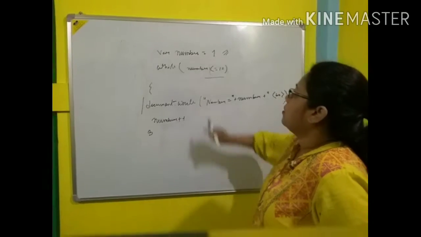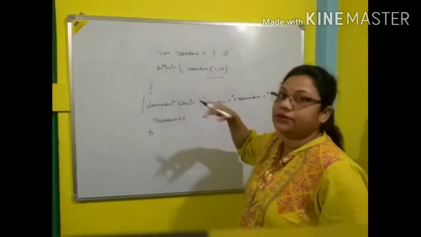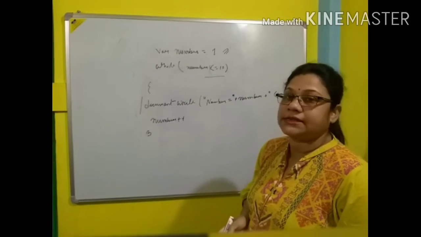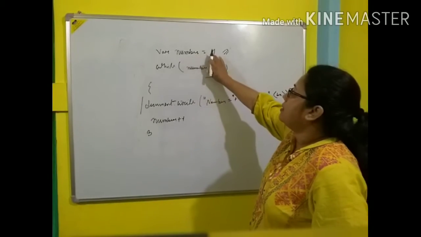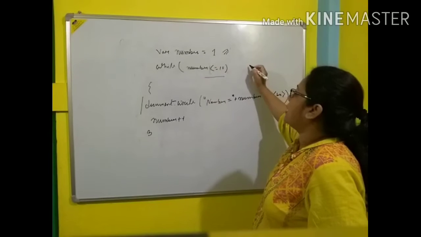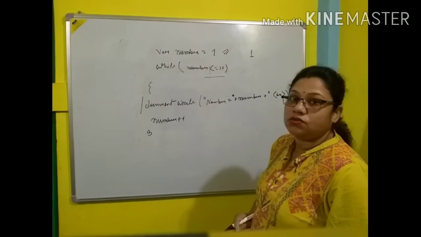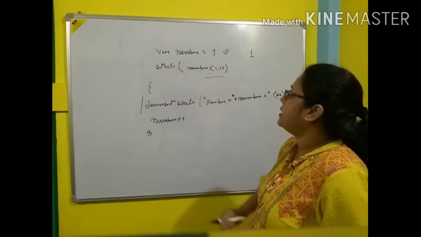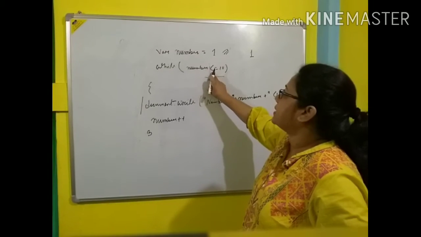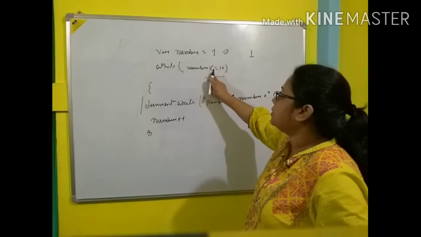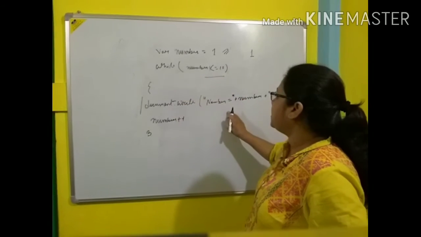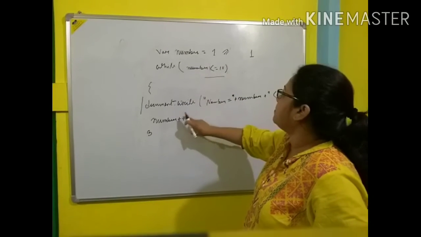Okay, now look. When the computer executes the program for the first time, number is initialized to 1. So it will display the number 1 on the screen. After that it will check the condition, yes, the condition is still true. So it will display the number and increment the number by 1.